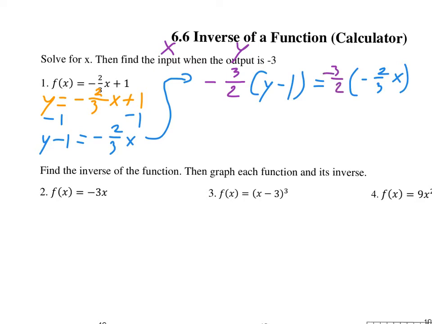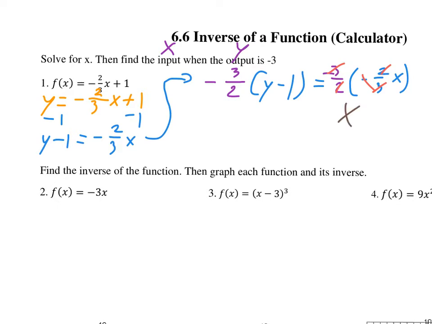Okay. Now, on the right side of our equation, we should see that this negative 3 and that negative 3 will cancel out. This 2 and that 2 will cancel out, leaving the right side of our equation as simply x.